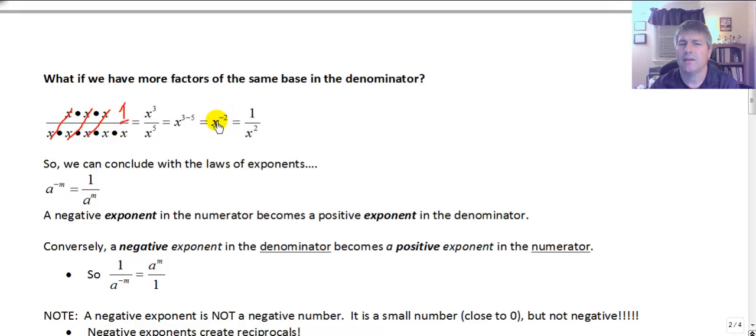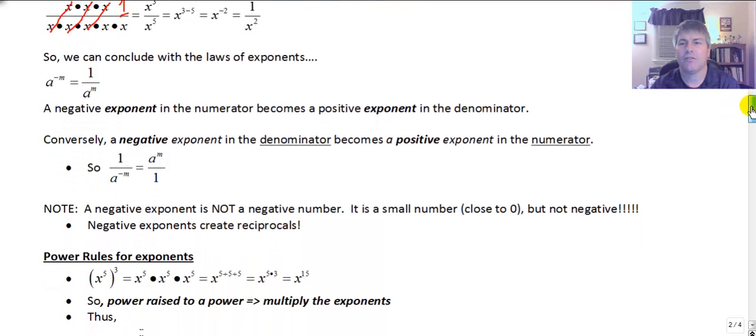So apparently, a negative exponent in the numerator is a positive exponent in our denominator. Or we can conclude with our laws of exponents that a to the negative m, if we have a negative exponent, it becomes positive in the denominator. So as I just said, a negative exponent in the numerator becomes a positive exponent in the denominator.